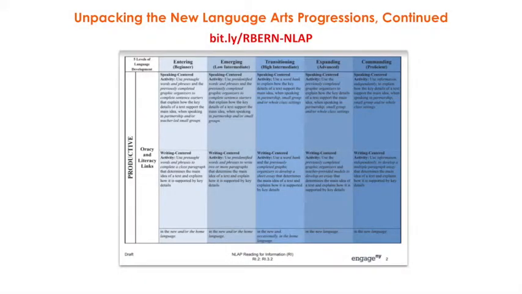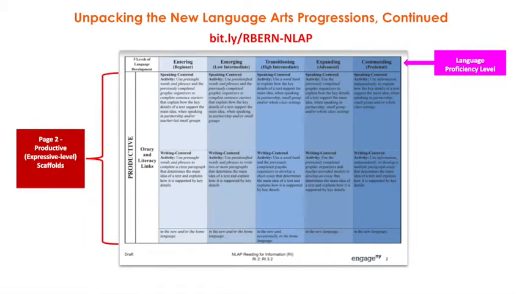Now we will look at page 2 for standard Reading for Information 3.2. In the top row, once again, you see the language proficiency levels, entering, emerging, transitioning, expanding, and commanding. On page 2, what you will see are productive level scaffolds, speaking and writing activities.